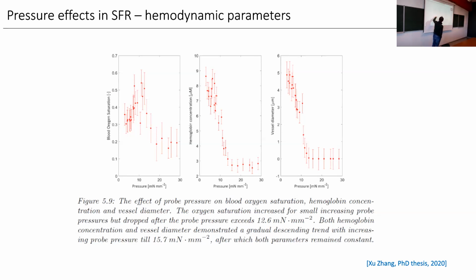What you see, for example, is that if you push hard enough, then the blood oxygenation apparently drops, which again is not because oxygenation really drops, but because you are pushing away the blood, which the model does not know. Hemoglobin concentration, same thing. The apparent vessel diameter is fitted from the model as well.